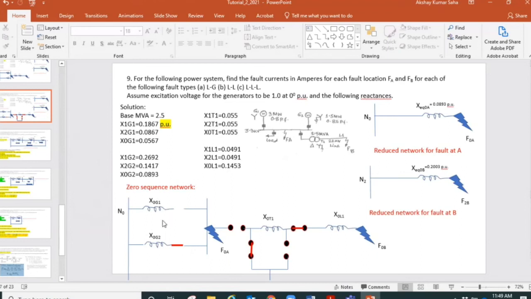Can you follow that? So XG1, generator 1, I show the reactance, then I leave it open, and then I go back and look at the connection of the 3 windings of the 3 phases.